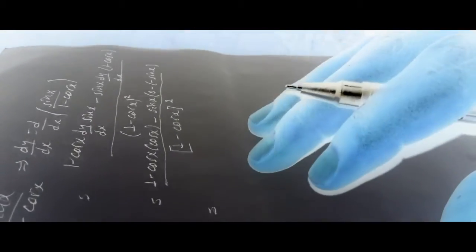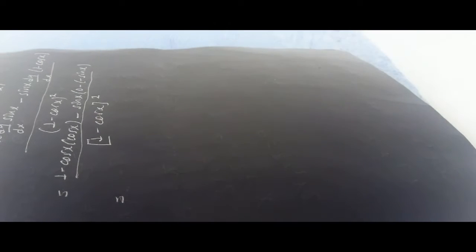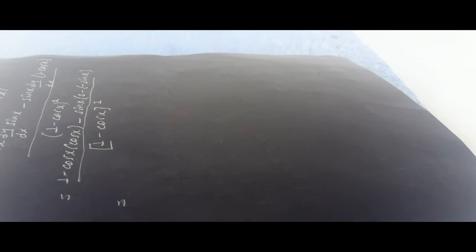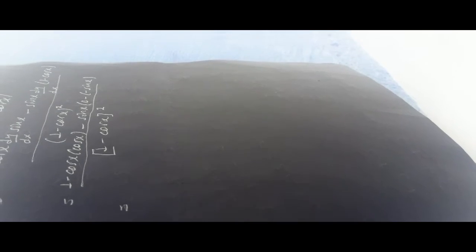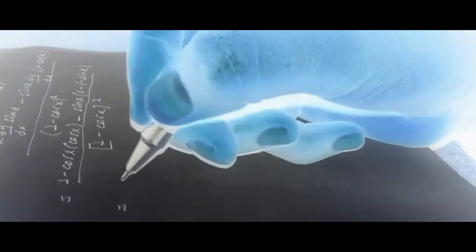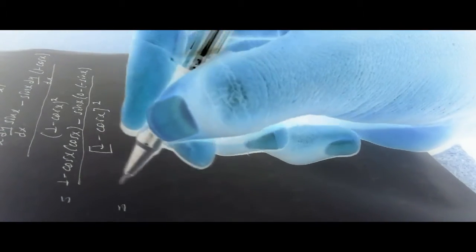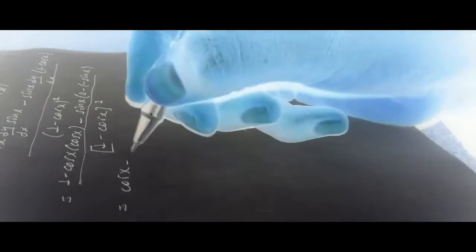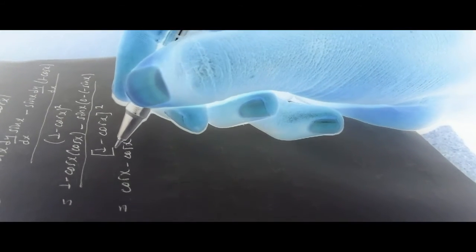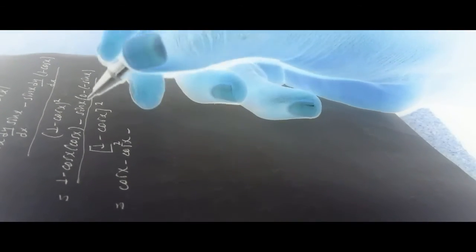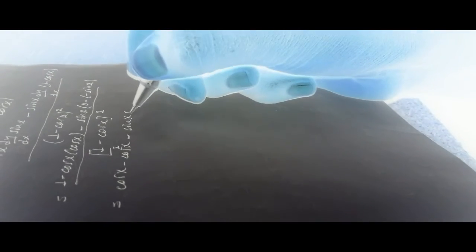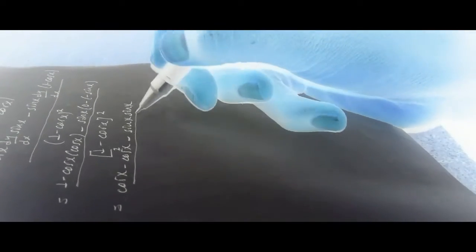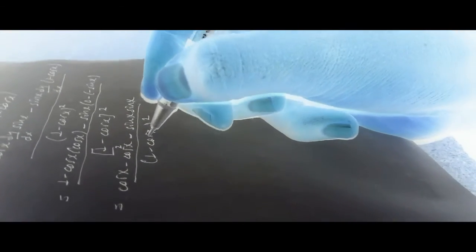Now we can distribute the given expression. Therefore, cos x minus cos square x minus sin x times sin x, because minus of minus sin x is plus sin x, over (1 minus cos x) the whole square.